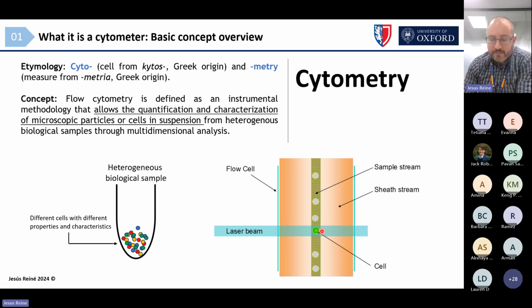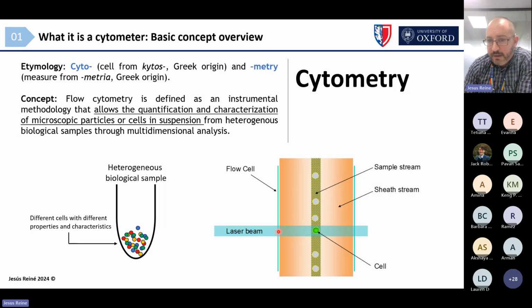All the information that we generate when the cells are exposed to the laser is collected by an optical system, which is composed of filters, mirrors, and detectors. At this interrogation point, we can get information about the size of the cells, the complexity, and also whether these cells have some kind of fluorescent properties.